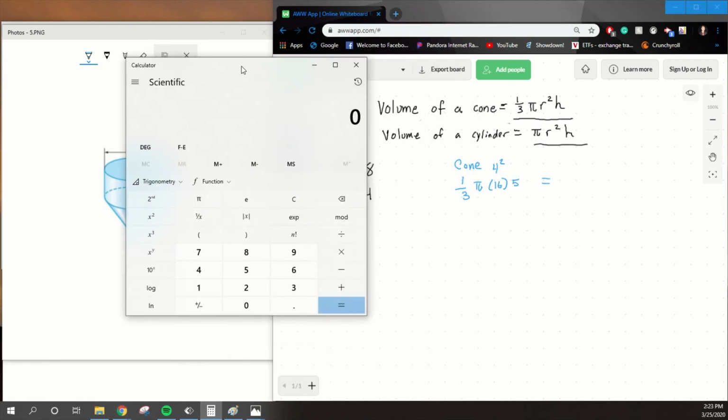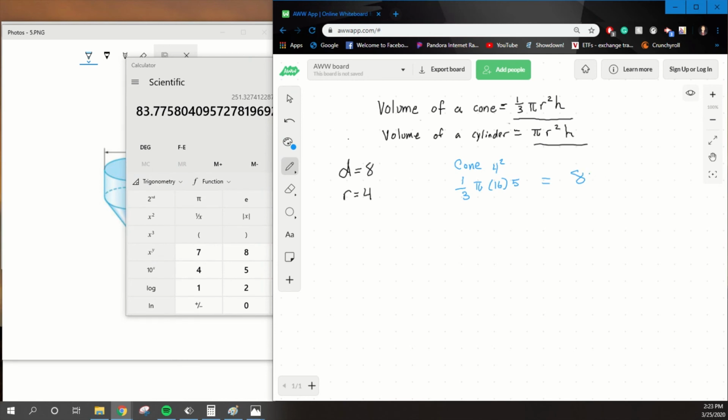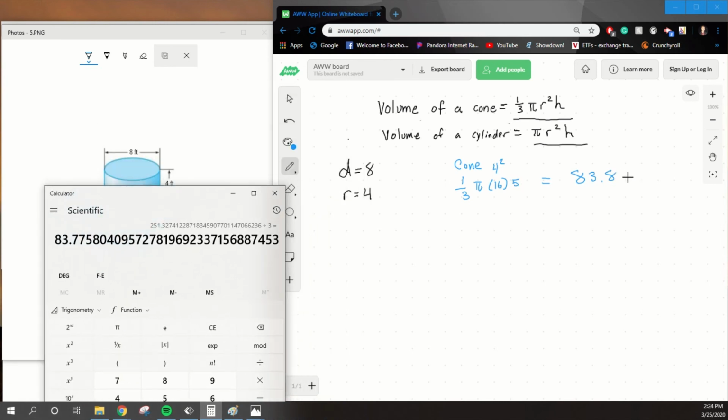So pull out your calculator. Do 5 times 16 times pi. Then divide that by 3, and remember to round to the nearest tenth, we get 83.8. I think we're talking about feet. Yep, feet cubed. So that's the volume of our cone.